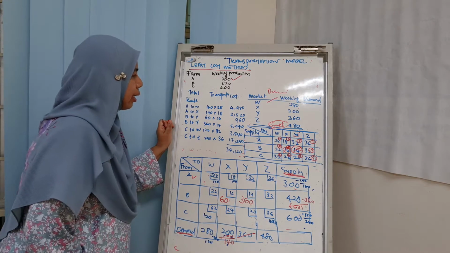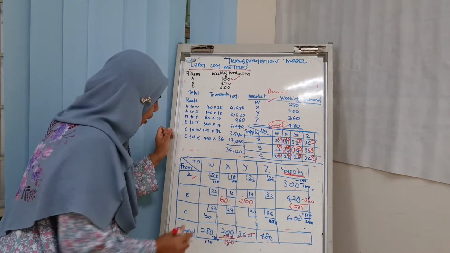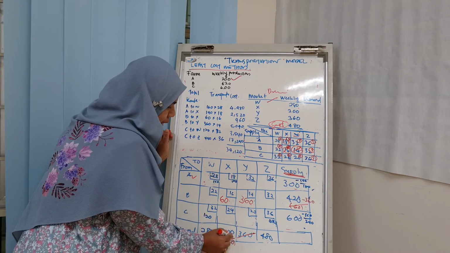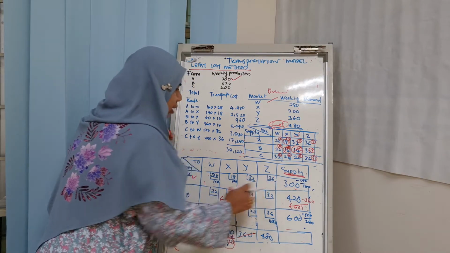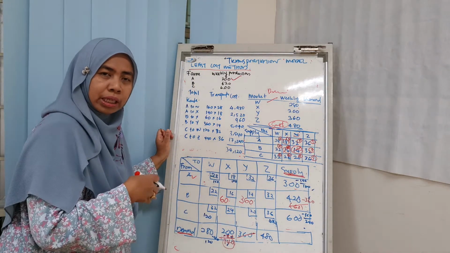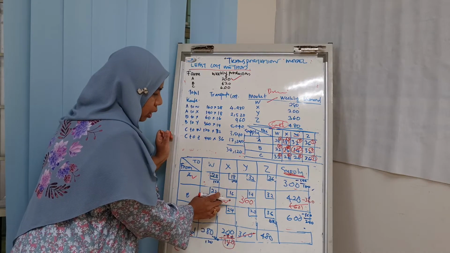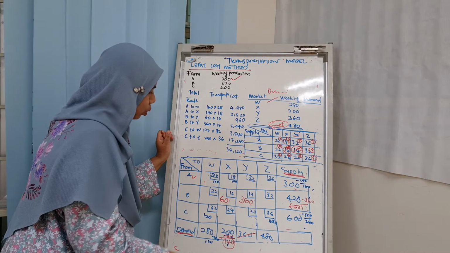And then number 3 is 18, right? So 18 is here. We still have 140, but the supply can give 300, while the demand is only 140 because 60 ringgit already went to 16.